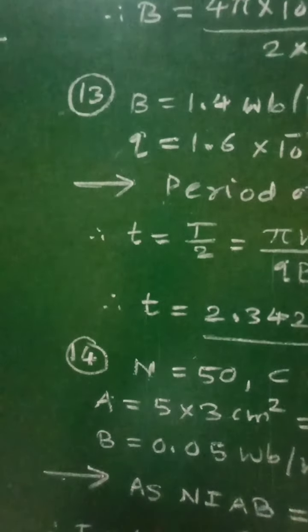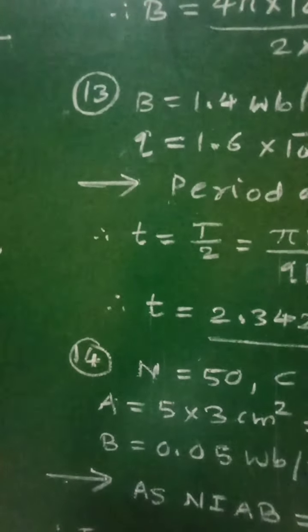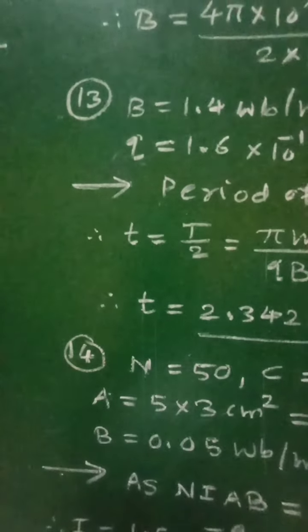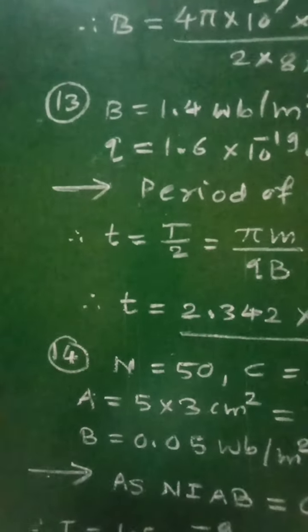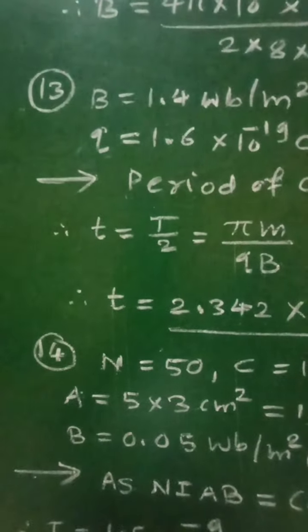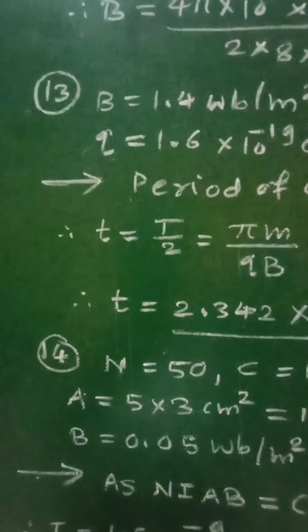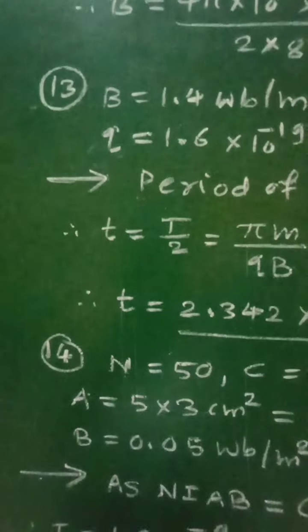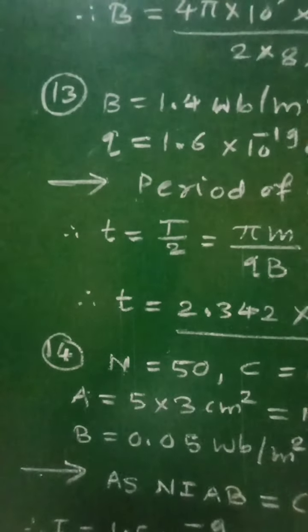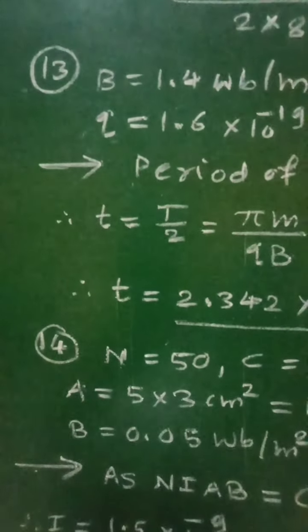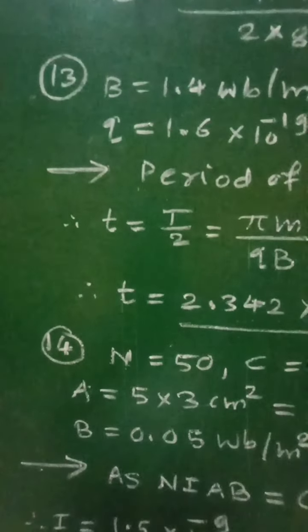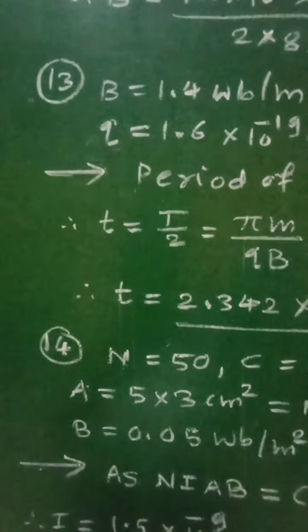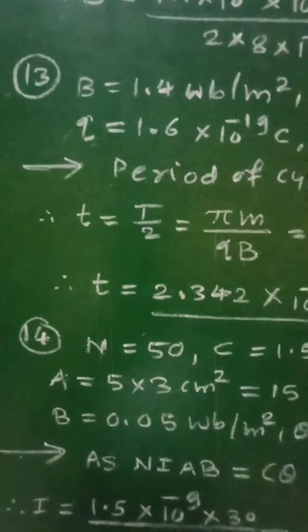Then the torsional constant of the spring is 1.5 into 10 raised to minus 9 Newton meter per degree. Then obtain the current required to be passed through the galvanometer so as to produce a deflection of 30 degree.